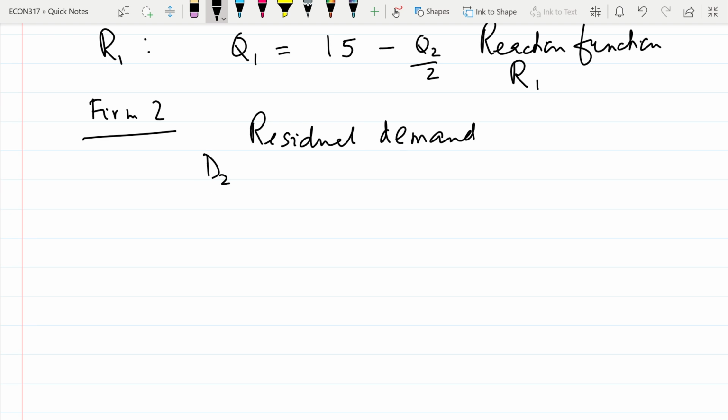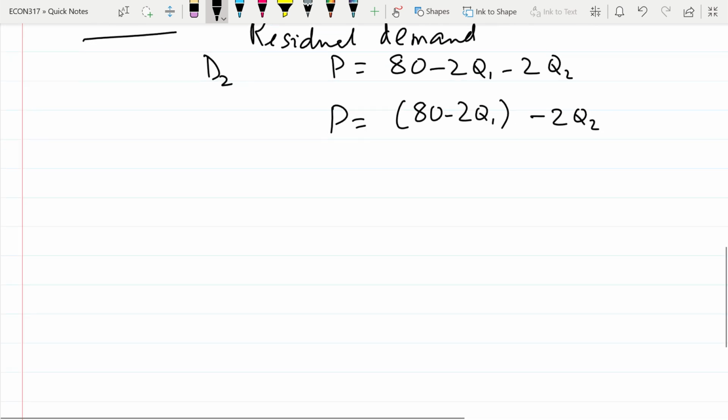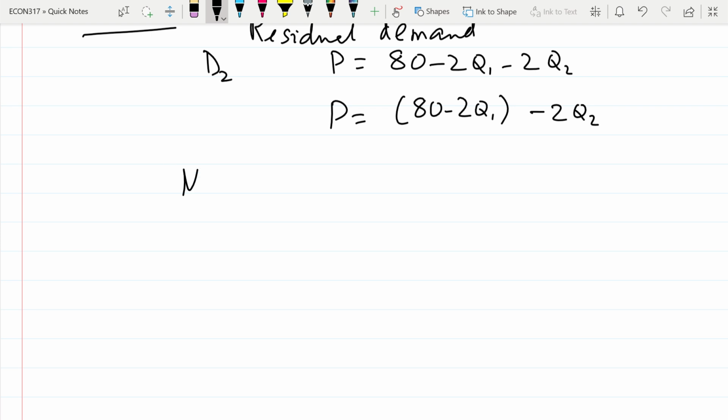I will write it as D2, price equal to 80 minus 2Q1 minus 2Q2, or since Q1 is fixed beyond the control of firm 2, I will take the vertical intercept to be 80 minus 2Q1 and then the negative 2Q2. From here, I can find the marginal revenue for firm 2 to be 80 minus 2Q1.